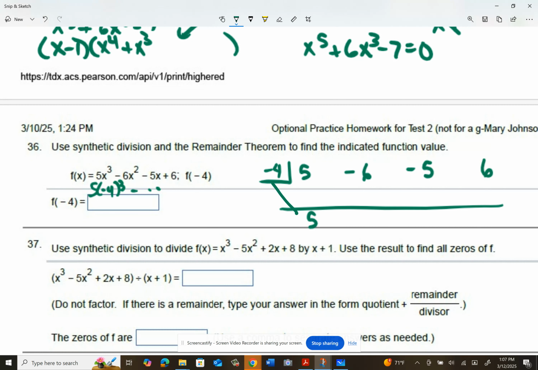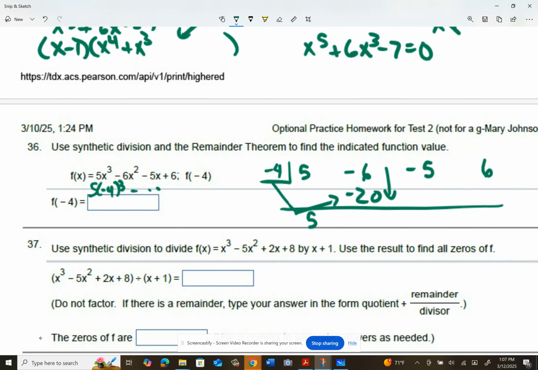So 5 times the -4 would be -20. -20 and -6 would be -26. So now I need to do the -4 times the -26, and that would be a positive. And let me not mess this up. 26 times 4 is a positive 104. When I add straight down, I would wind up getting a positive 99.